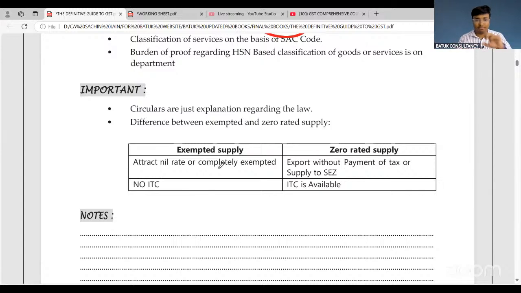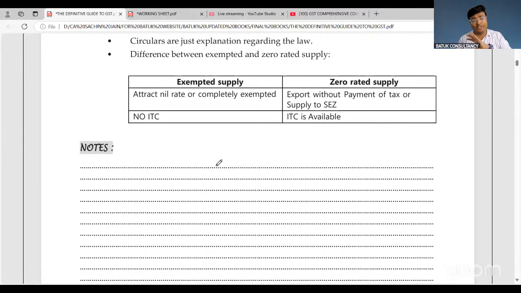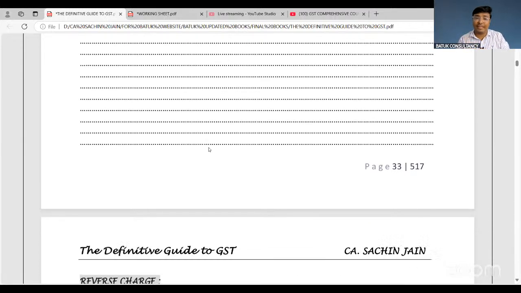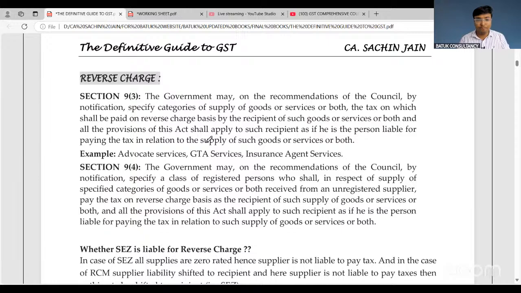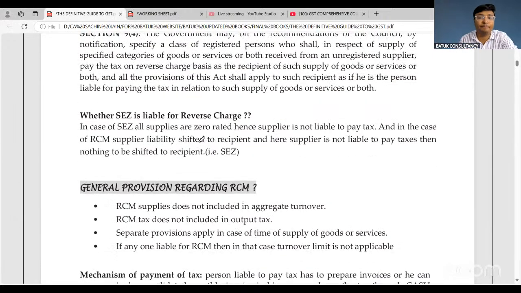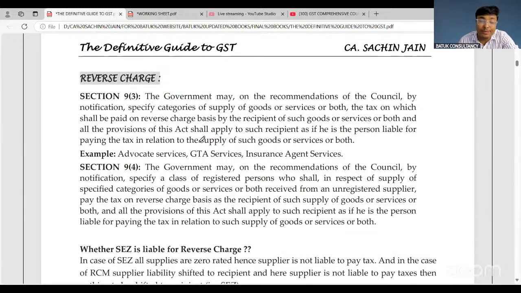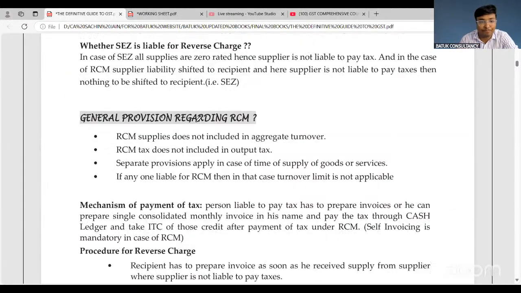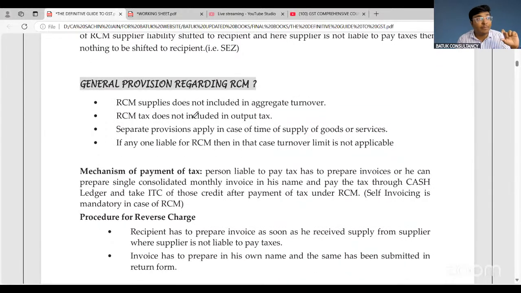Difference between exempted supply, non-GST supply and zero rated supply, we have already covered. Section number 9, subsection 3, they have provided a specific list of goods or services on which the GST will be applicable. Now, journal provisions related to reverse charge mechanism.